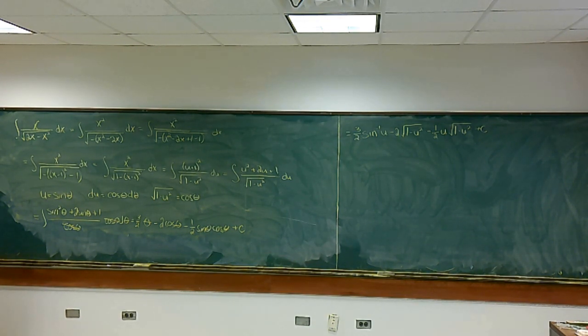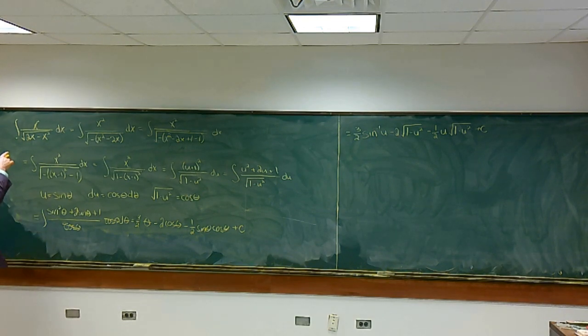We have to do something to get rid of the inverse trig. Is this a matter of simplifying it a little bit? Not in the sense that you're thinking of. Okay. So we have to get the u's to be x's. We have to go back to x.